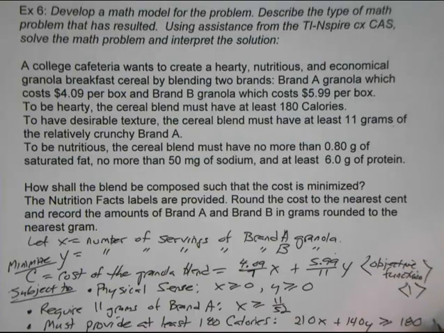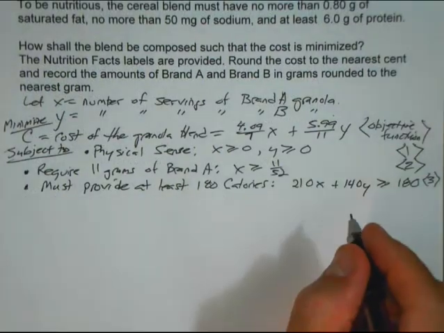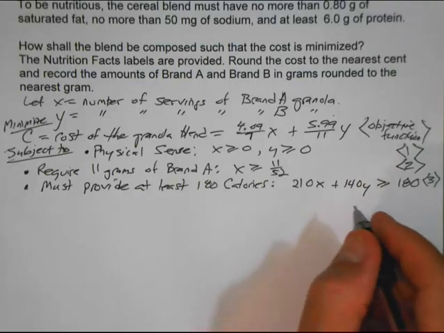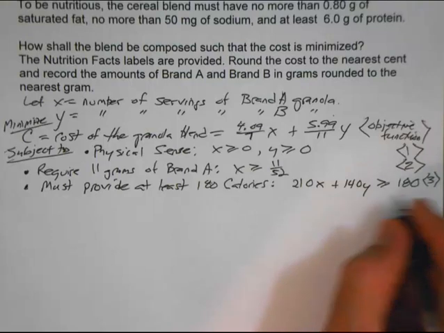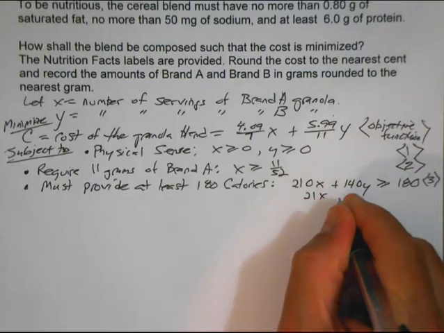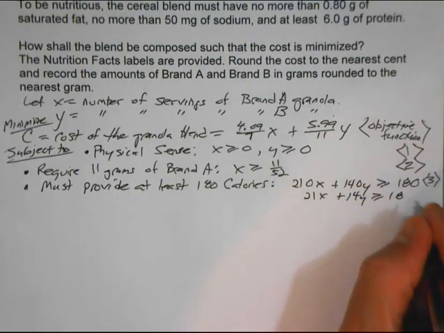Here's inequality 2, the 11 grams of brand A. This we could consider inequality 3. Although we're planning to use a TI-Nspire later on, there's not really too much necessity to make simplifications, but when they're really easy, it can make the keyboarding easier on the calculator. Here, both sides divide by 10 instantly, so let me take advantage of that. 21x plus 14y greater than or equal to 18.